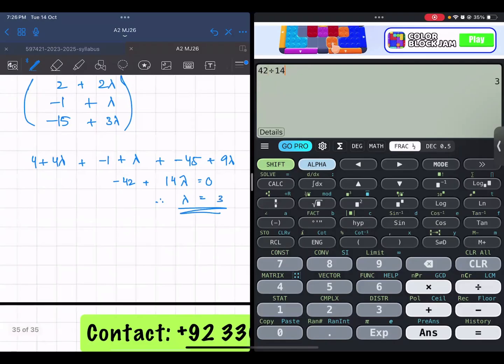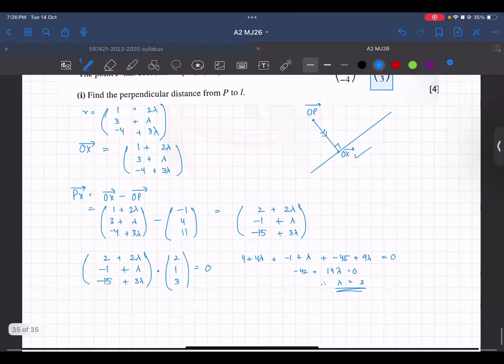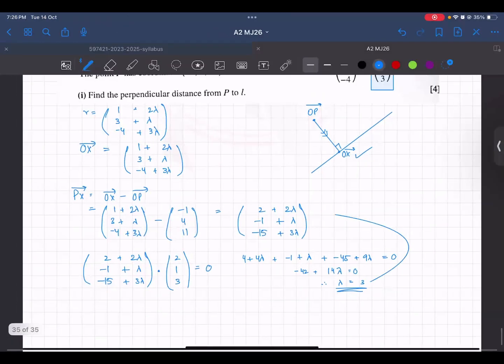So now you know the value of lambda. If you use the value of lambda here, you will get the vector PX. 2 plus 6 is 8, minus 1 plus 3 is 2, and minus 15 plus 9 is minus 6.